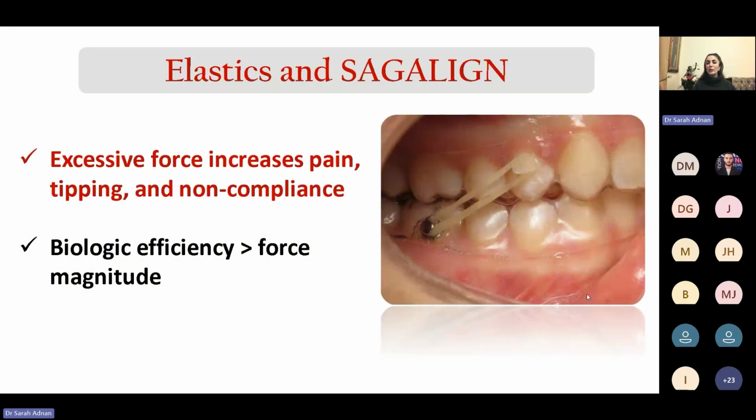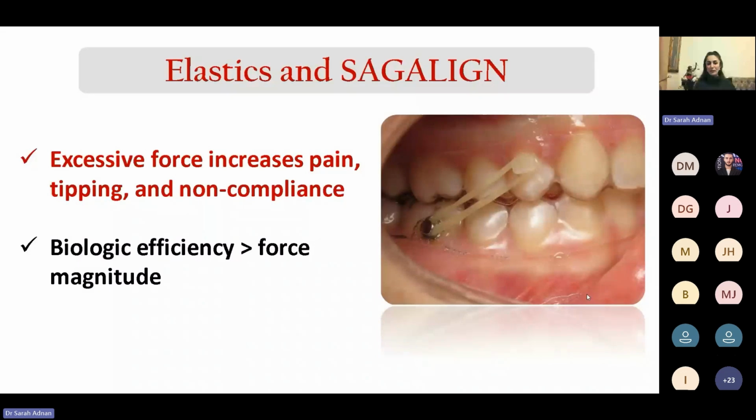Additionally, we focus on using smaller diameter elastics. I prefer using a smaller diameter instead of a larger diameter because larger diameter elastics will disengage faster. So if I have to choose between 1/8 or 3/16, I will prefer using 1/8 elastic because it fits better for the teeth.